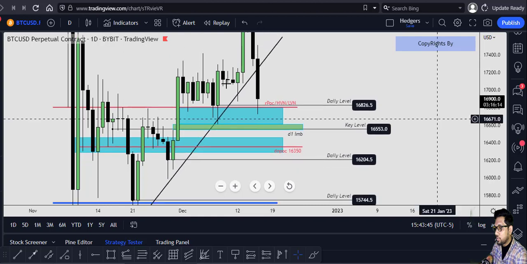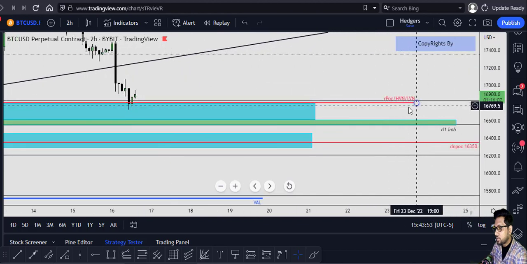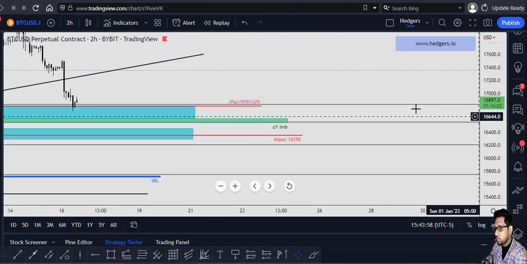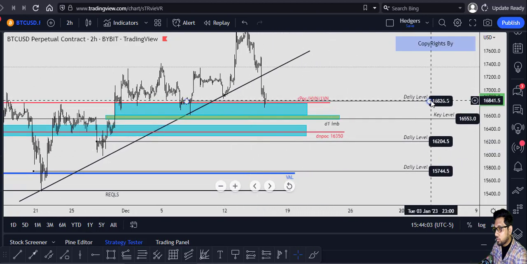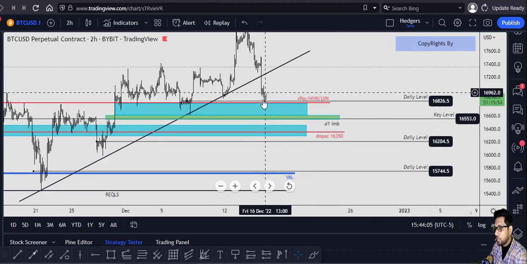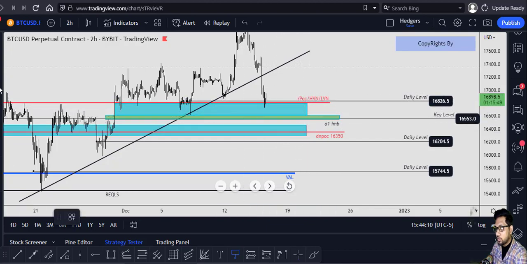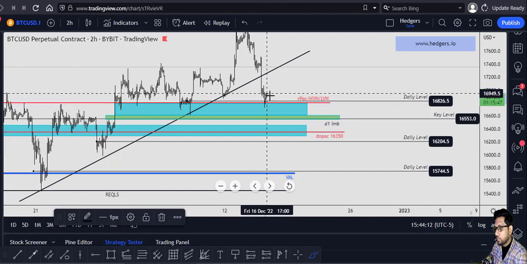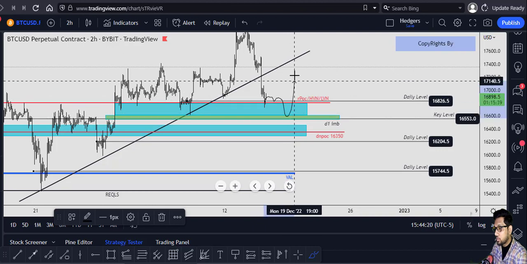If Bitcoin price fails to hold this POC level, the high volume node and the low volume node, and also aligns with this daily level, if this fails, I will be looking for this zone here. Let me show you like this. If this doesn't hold, then I will be looking here for a bounce to the upside.